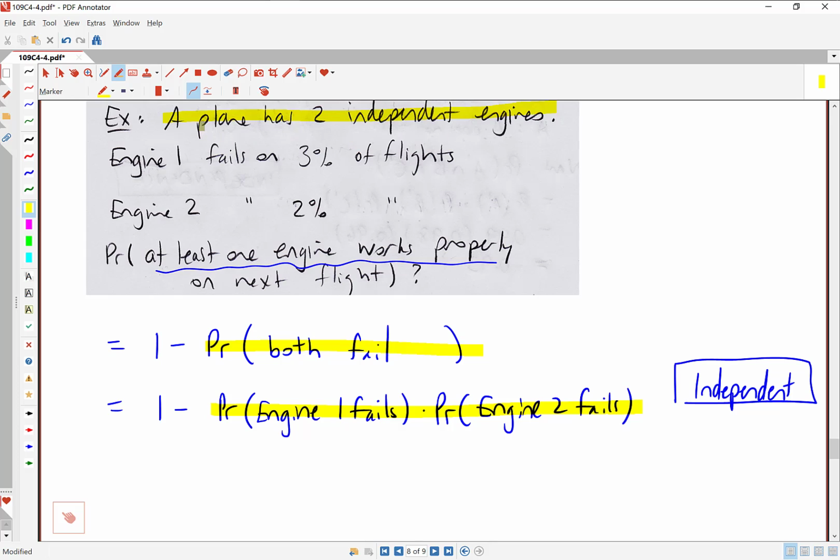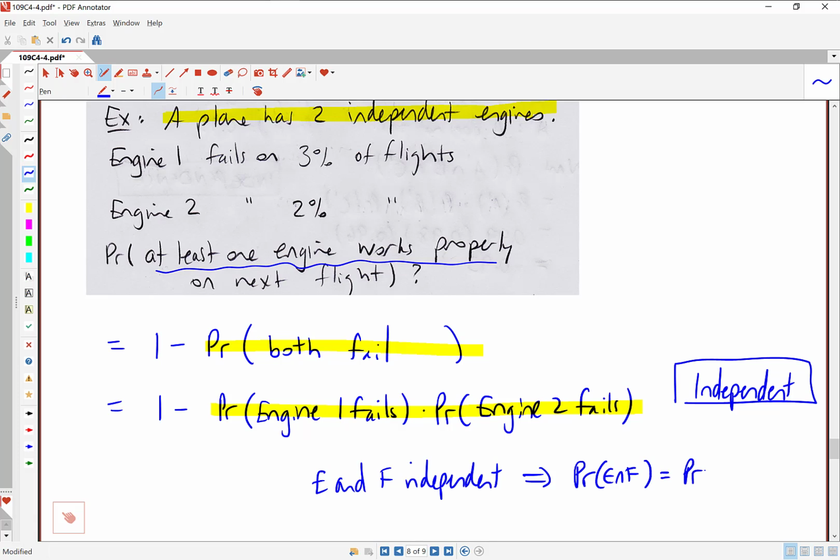So if we were not told that in the question, we wouldn't be able to do this step of reasoning. So that's just coming from the fact that when two events, E and F, are independent, that tells you that you can use the formula probability of E and F is just equal to the product of the two probabilities.